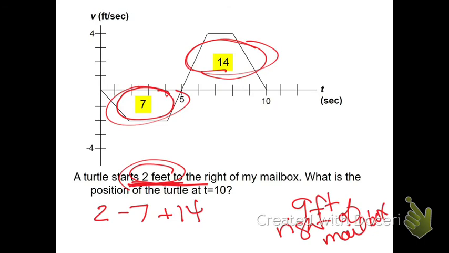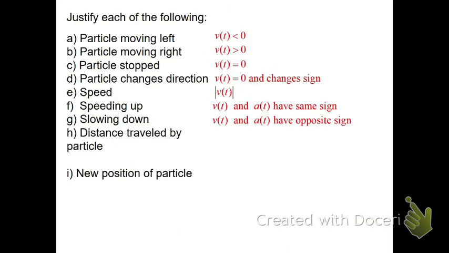Okay? So let's summarize the difference in these things. If I ask distance traveled, it doesn't matter where you start. It's irrelevant, the starting position. For distance traveled, it's the absolute value of the 2 areas. Okay? And add those up. In symbolic form, that means it's the integral of the absolute value of velocity from whatever time frame.